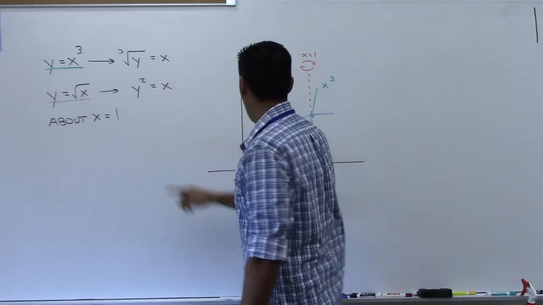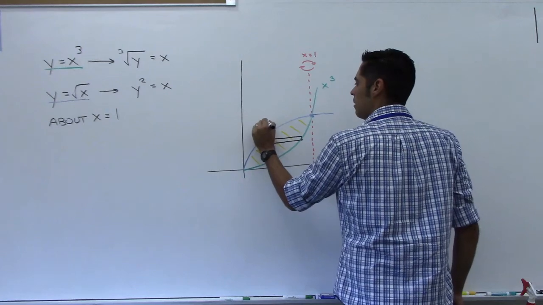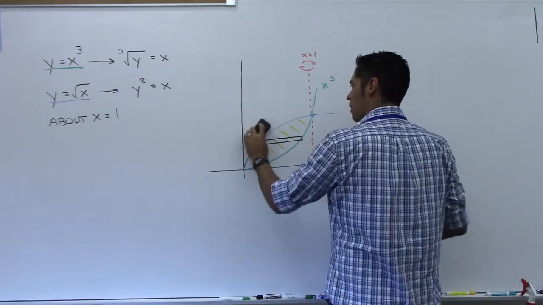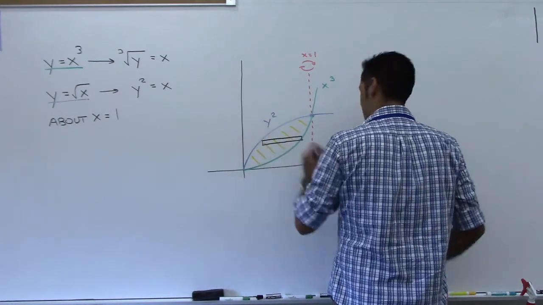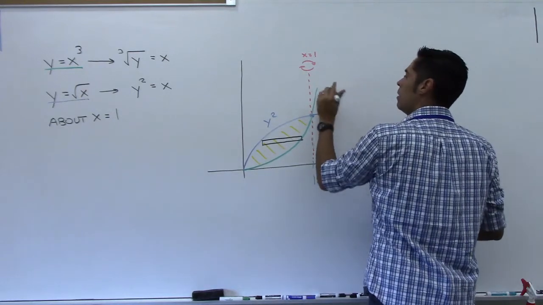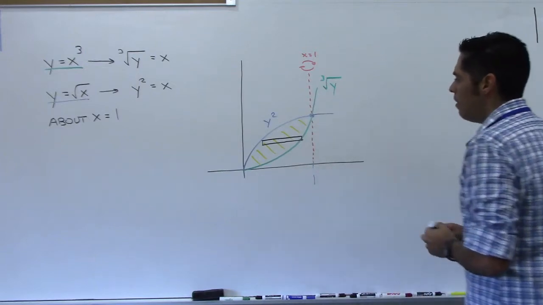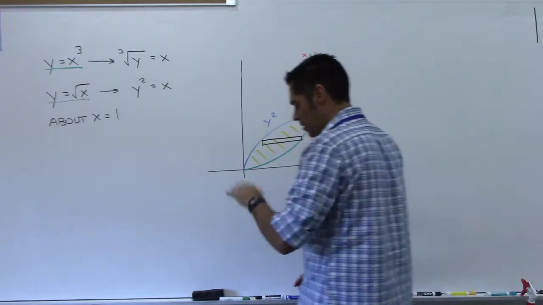These are both functions of y. So I'm going to come back in here, and the blue one is actually going to be y squared. And the green one is actually cube root of y. And that way I can actually draw this out with the sideways rectangle.